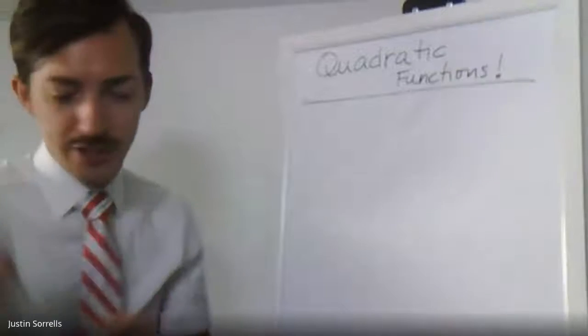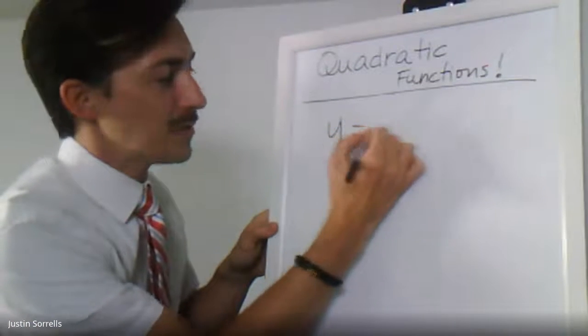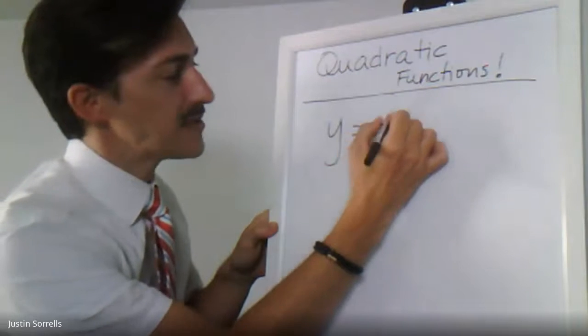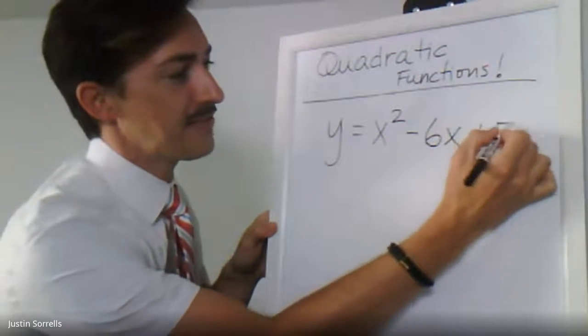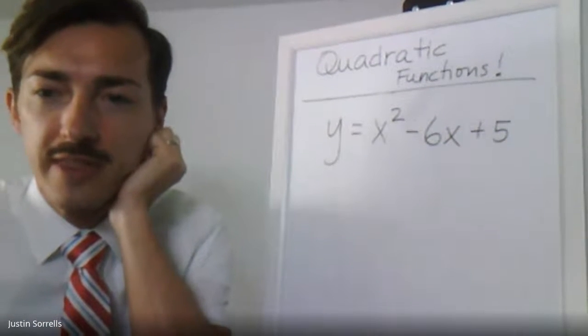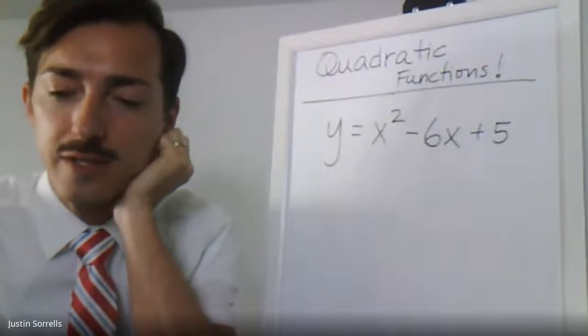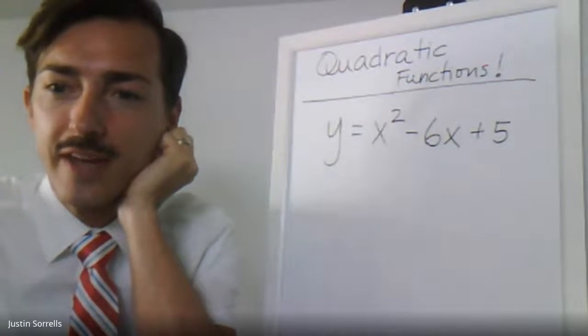All right, let's take a look at an example. We have y equals x squared minus 6x plus 5. Now, one of the things that you are doing this week is you are asked to find what's called the axis of symmetry, okay?